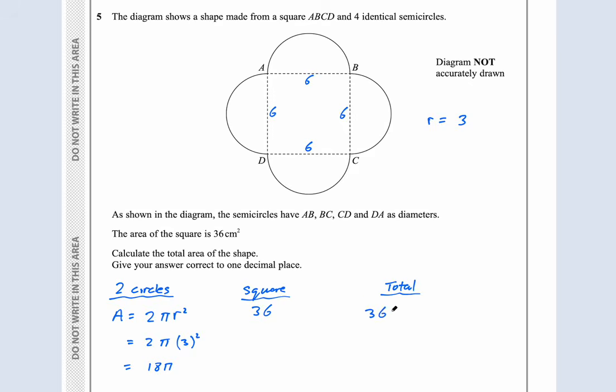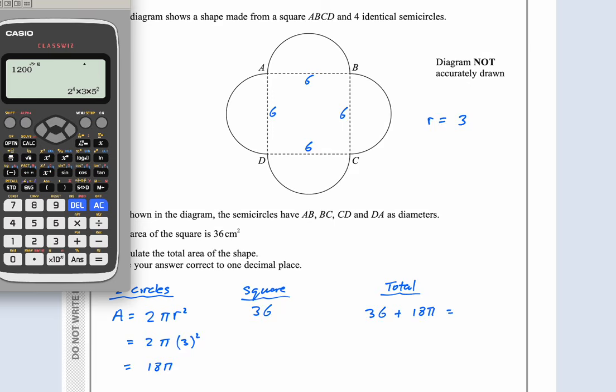So the total is 36 plus 18 pi, which is, he wants to 1 decimal place, 36 plus 2 pi is 42. Sorry, it's not 2 pi. What am I doing? Hang on.